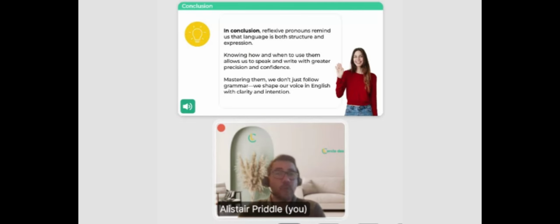Knowing how and when to use them allows us to speak and write with greater precision and confidence. Mastering the reflexive pronouns, we don't just follow grammar, we shape our voice in English with clarity and intention.